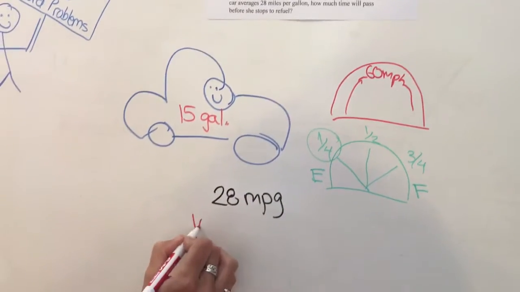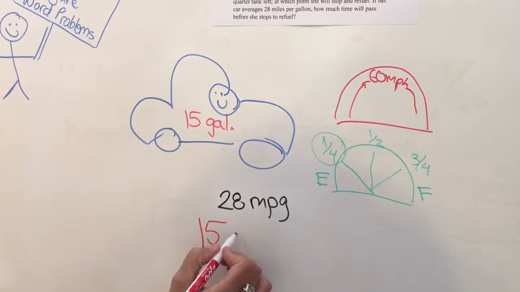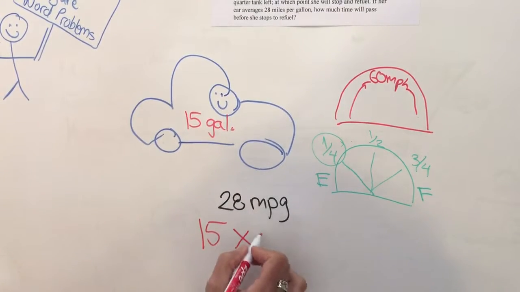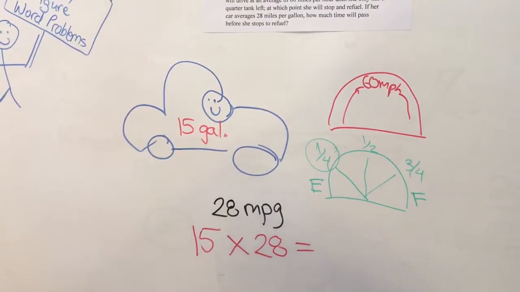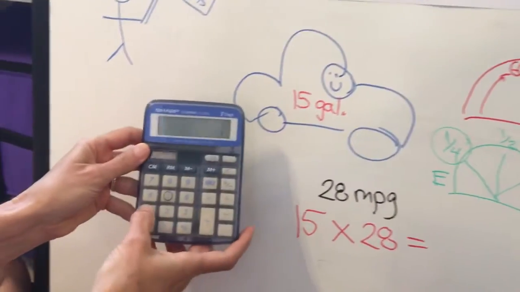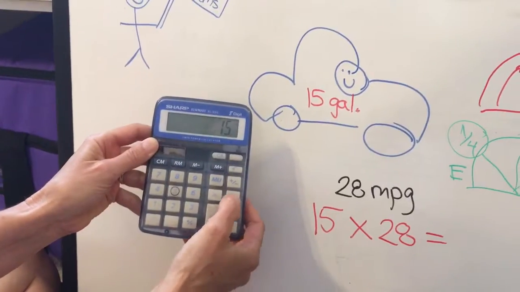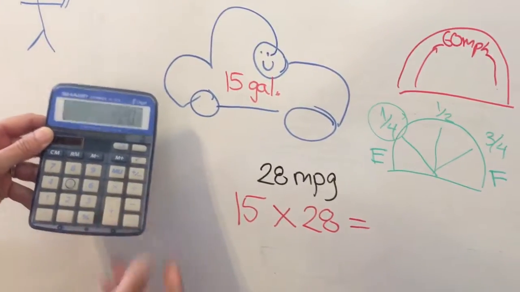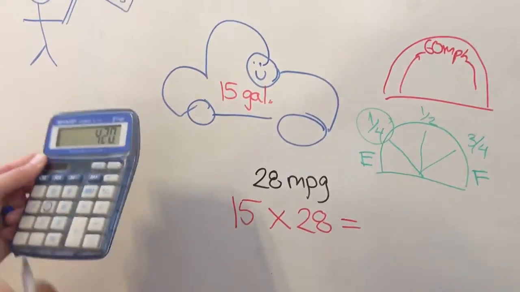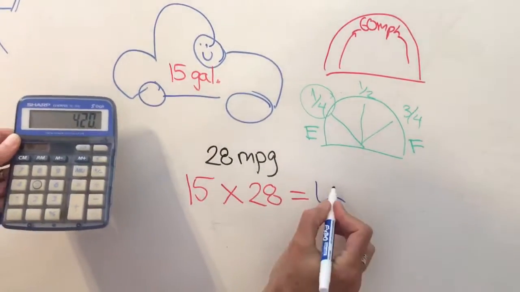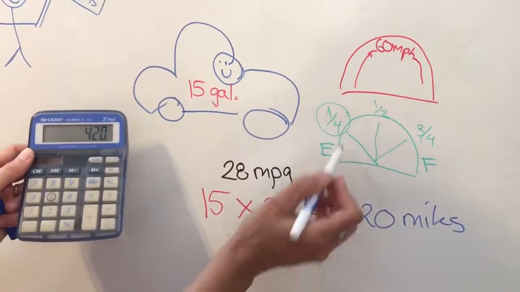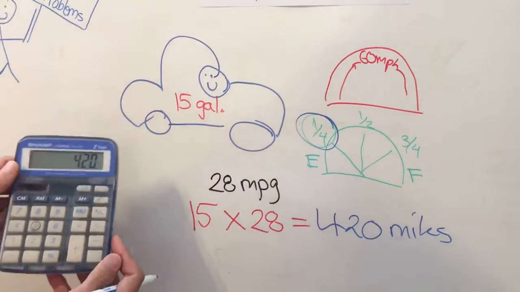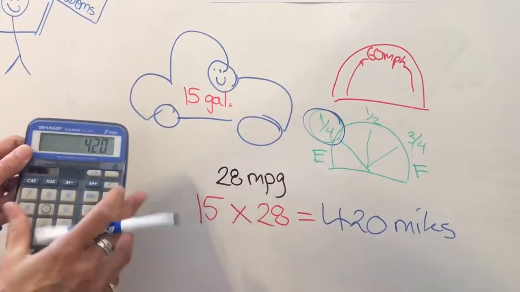So we take our 15 gallons, we times it by our 28 miles per gallon, and we get the total number of miles she can travel on that single tank of gas. She can go 420 miles. But wait, she likes to refuel when she gets to 1/4.